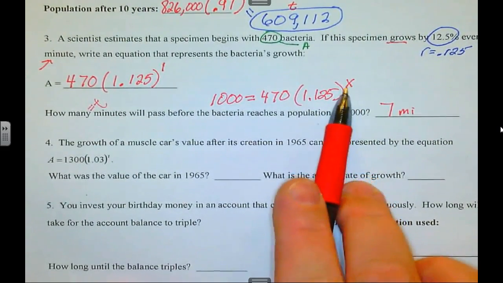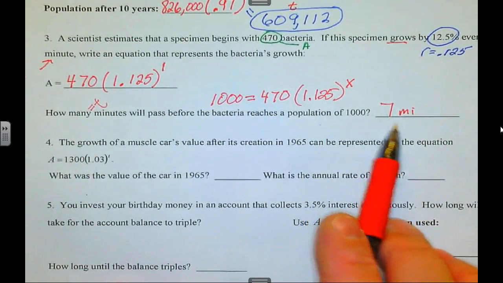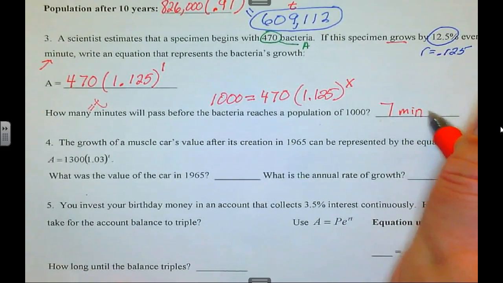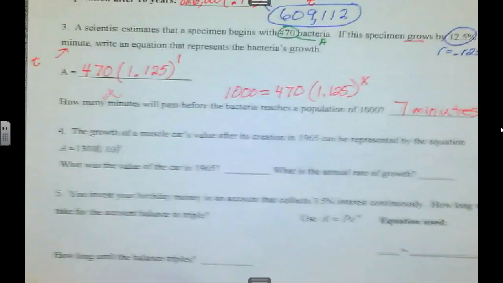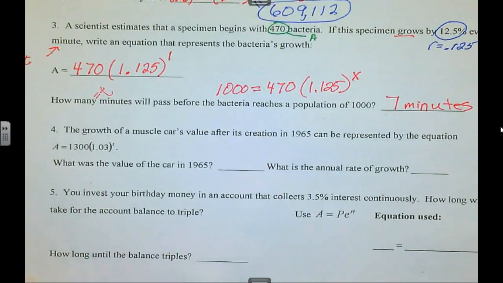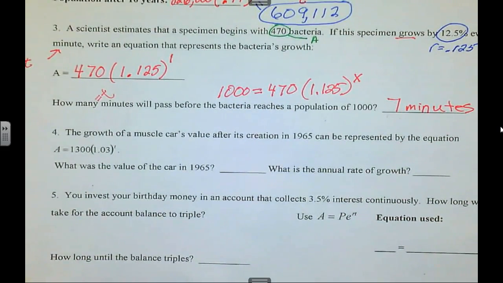We have to find t. It's 7. Minutes. Anybody not see how I got 7 minutes? Because this is going to be on your next quiz. At least 1,000.